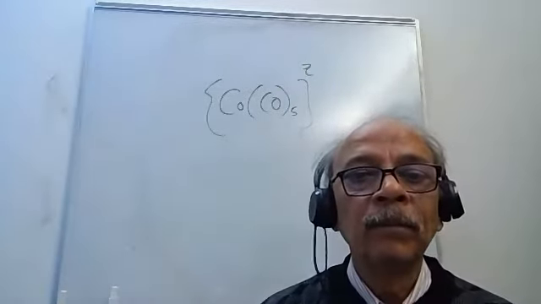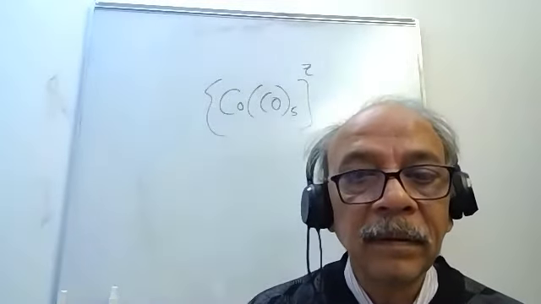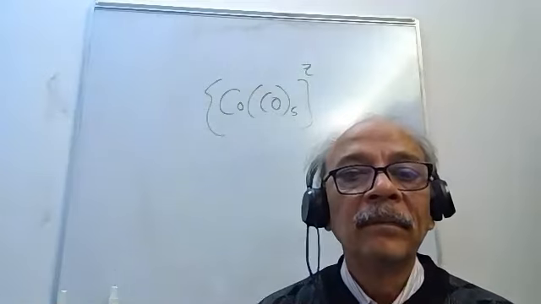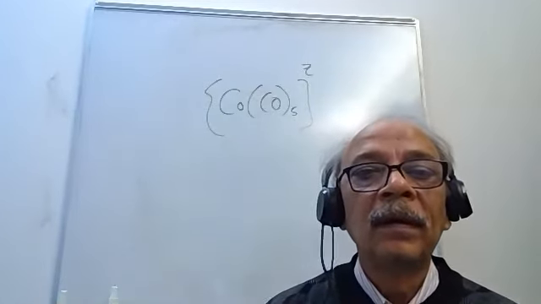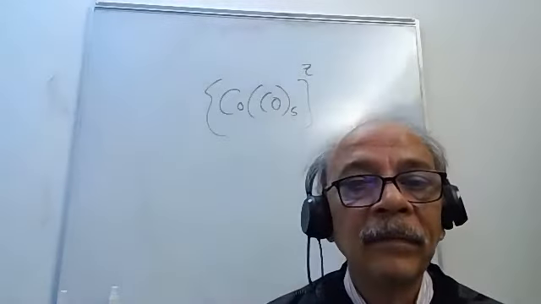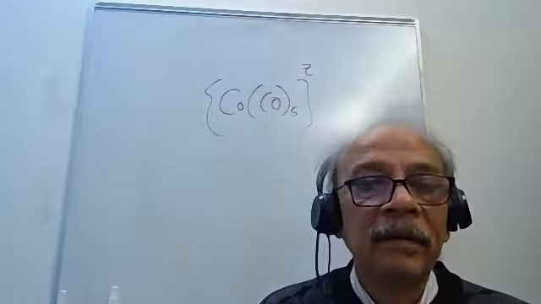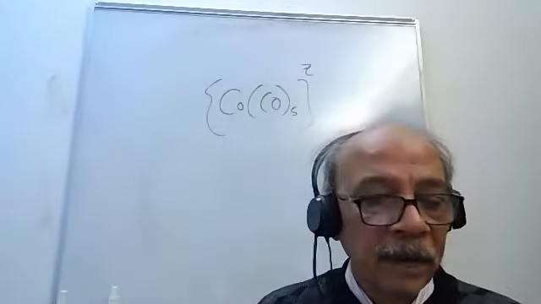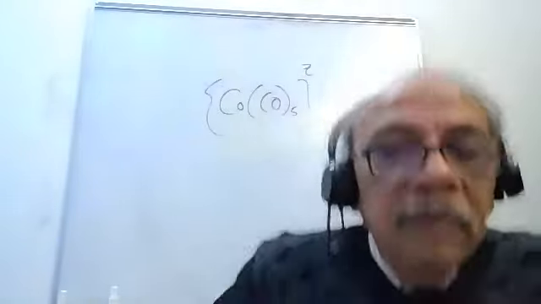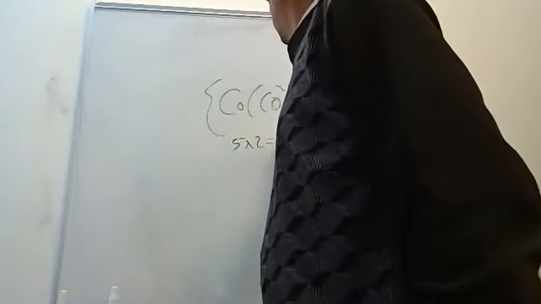So how many electrons does carbonyl donate to the complex? Remember, we went over this last week. 2 electrons. So how many carbonyl groups do we have here? 5. So what is the total contribution of electrons from the ligands now? 10. 5 times 2 is 10.